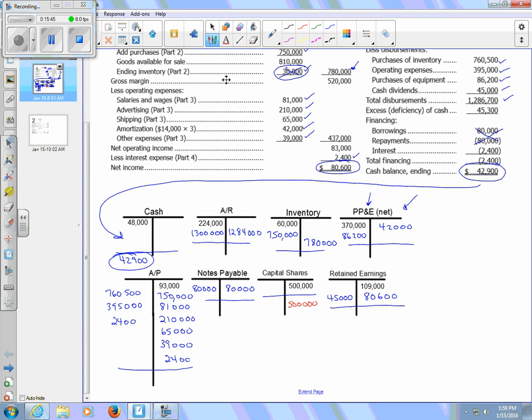A number for accounts receivable? Inventory should be 30,000. And I know that because on our income statement they calculated the ending inventory.